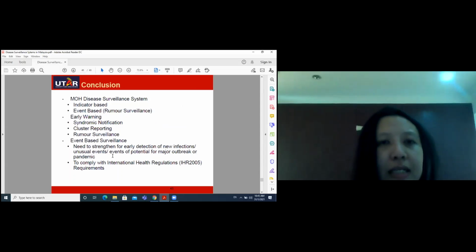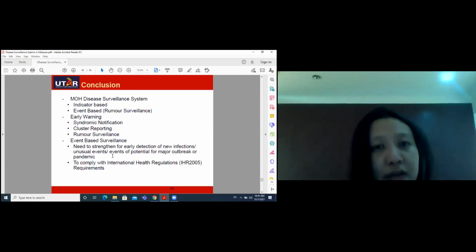So basically, our disease surveillance system in the Ministry of Health Malaysia has indicator-based surveillance and event-based surveillance that depends on rumor surveillance for early warning detection. We notify based on the syndrome, and also based on clusters and rumors.